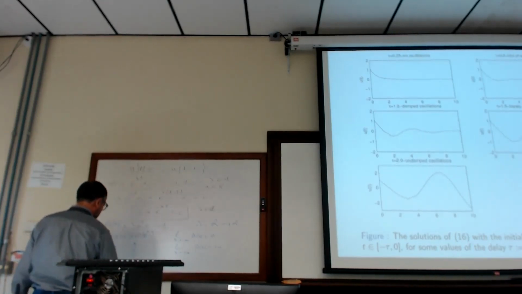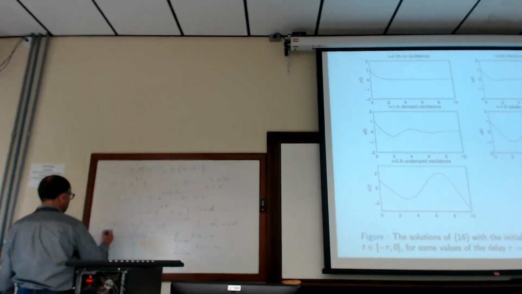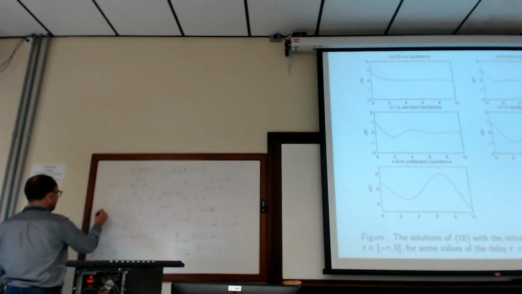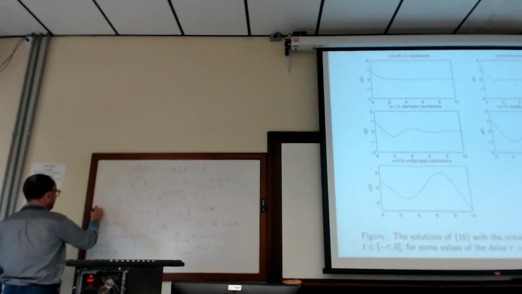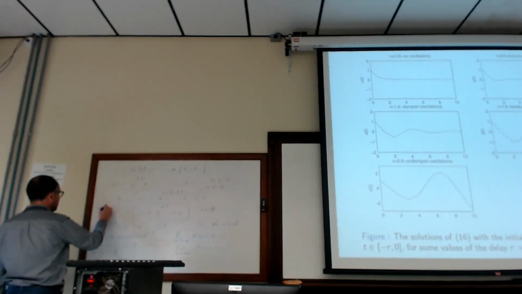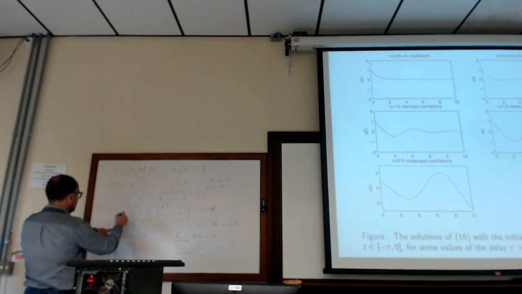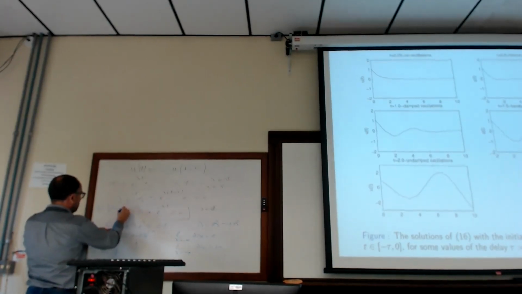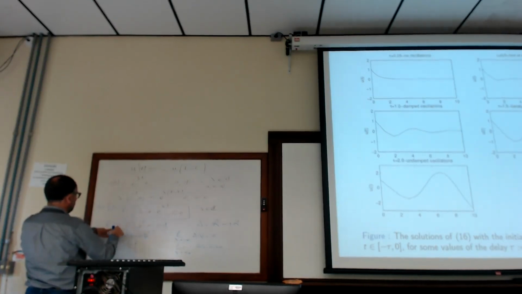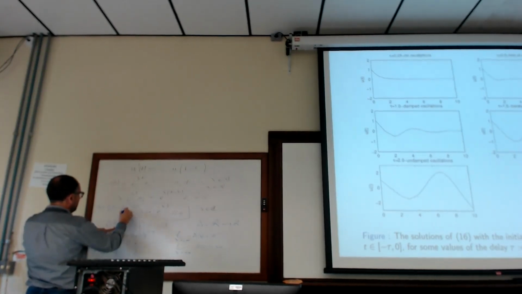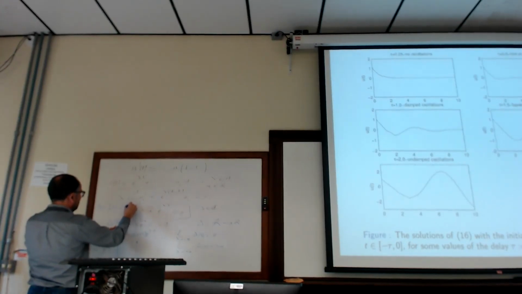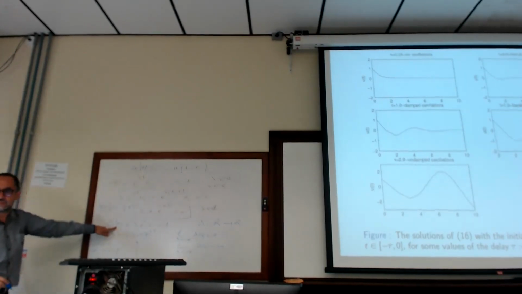Then I have to compute the function at minus 1 over tau. If I put it here, it's minus 1 over tau exponential, and minus 1. This is true?